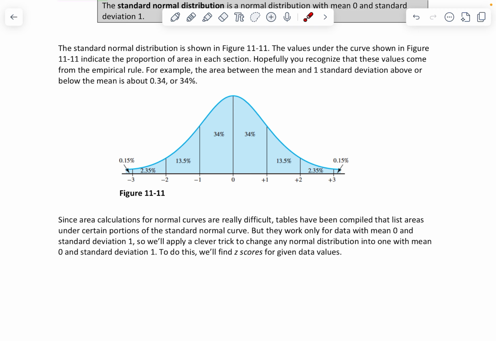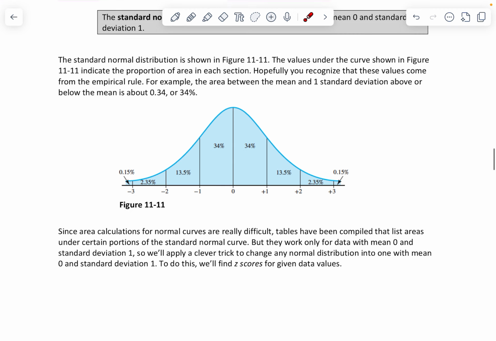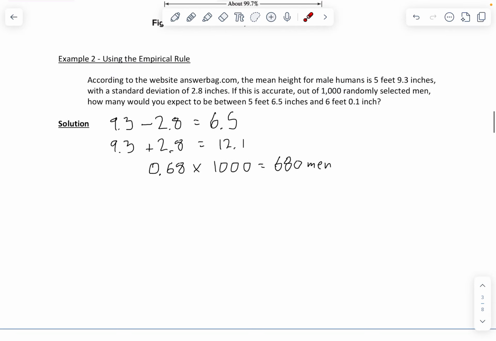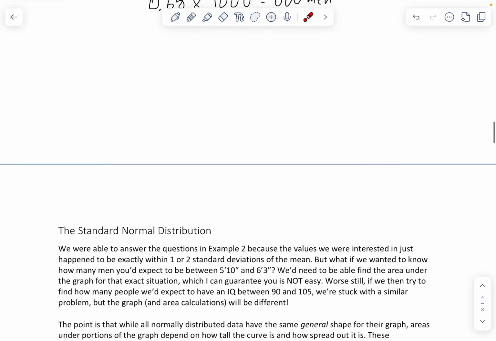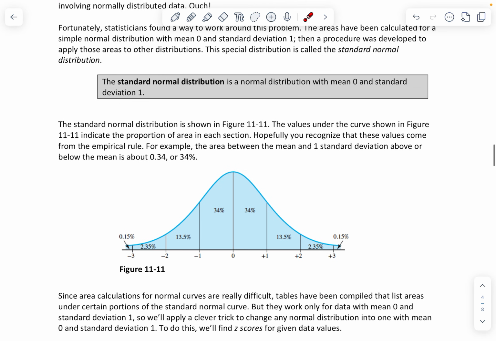Right, so this picture looks quite similar to the one we saw when we introduced the empirical rule up here, except for this one, instead of writing in X bar, the symbol for our mean, and then the intervals corresponding to the number of standard deviations, down here we put in some actual numbers, right? Remember, the mean is the number in the middle.